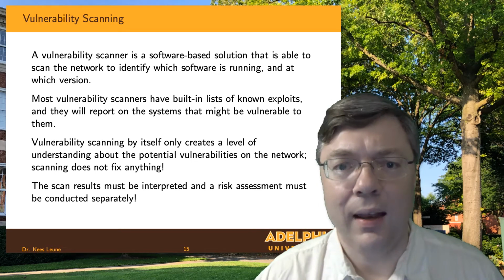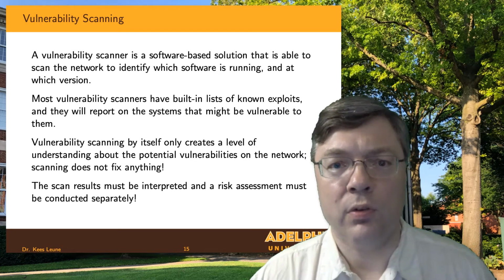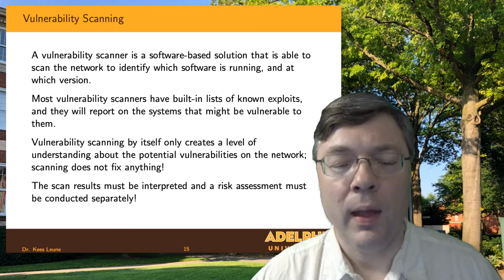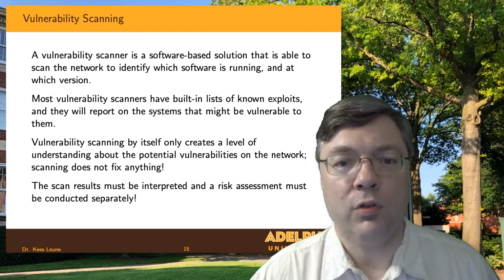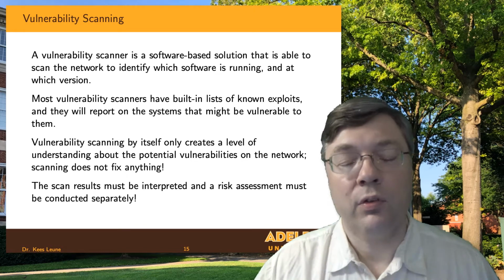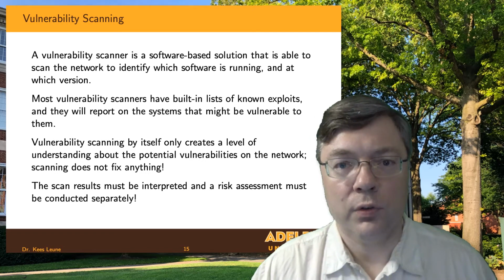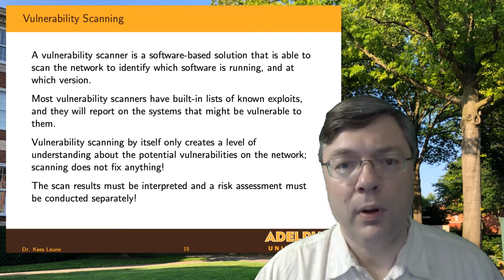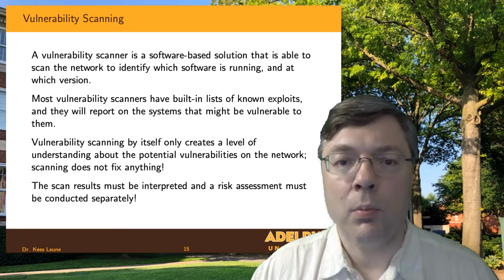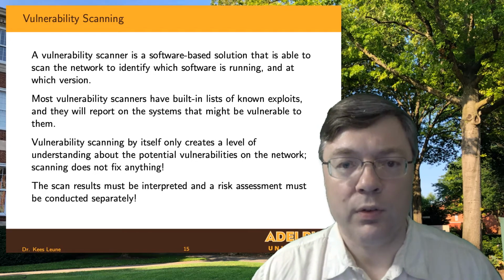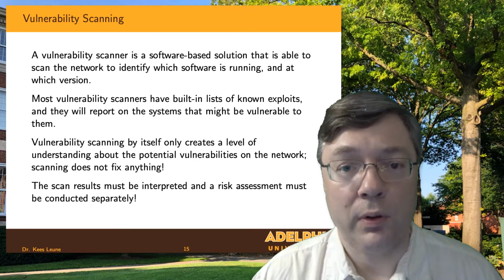It will scan each machine on the network to discover what network services it's offering, and it might even go so far as to identify what software and what software version is used to provide each of those services. And so when the vulnerability scanner is done, at bare minimum I have an inventory of systems that provide services, and for the services maybe what software they're using.